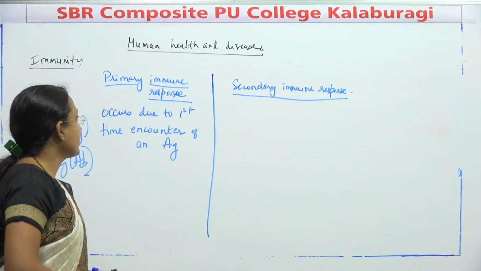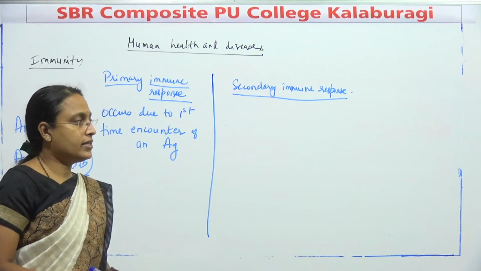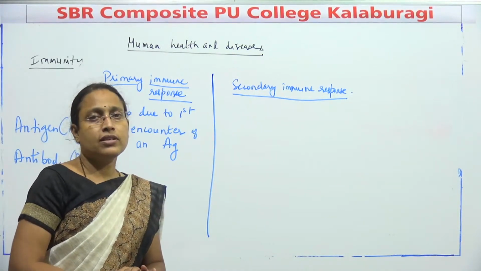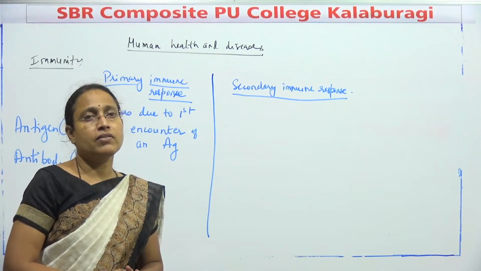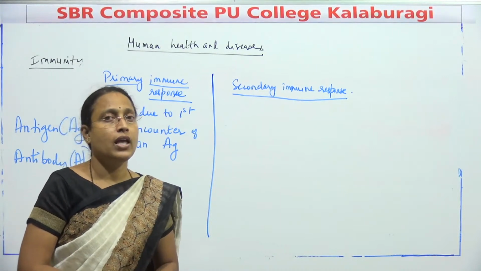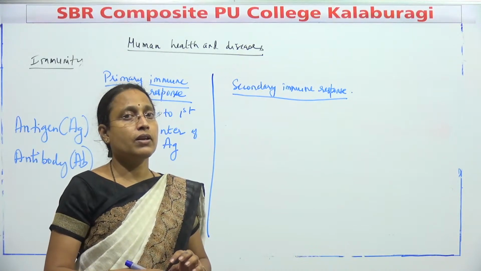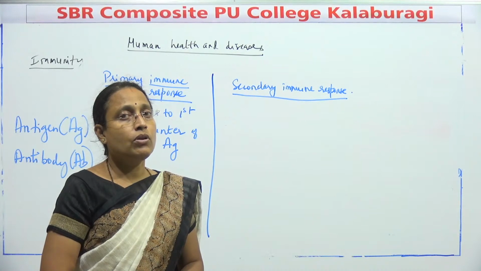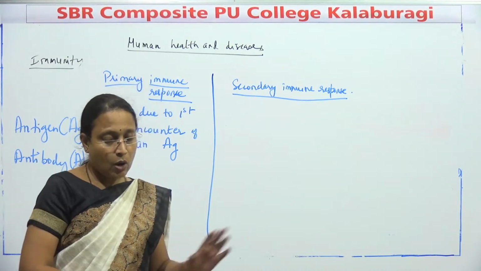Now, if a pathogen has entered this person for the first time, whatever the immune system does to respond to this entry is called the primary immune response.